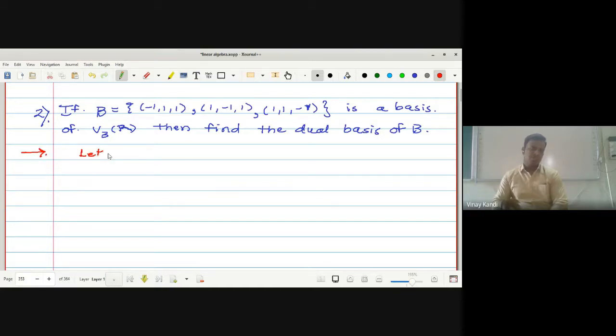Let us write down the basis B. This is alpha 1, which is equal to (-1, 1, 1).